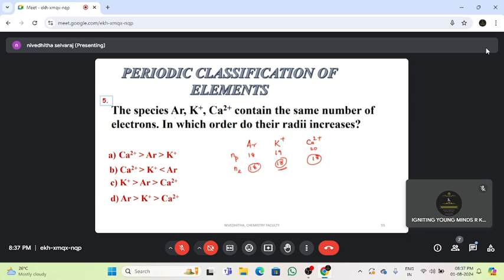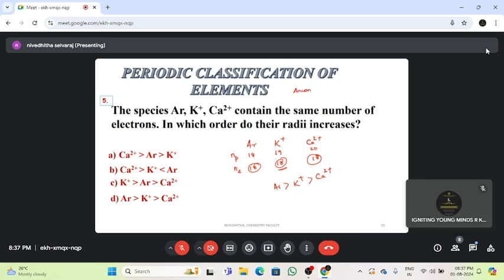These 18 electrons will experience more attraction towards the nucleus. So the size of argon will be greater than potassium plus, and the size of potassium plus will be greater than calcium 2 plus. So whenever you are talking about the radius of isoelectronic species, please remember this order.